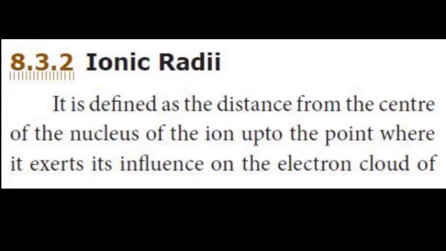In Mendeleev's periodic table, the elements are arranged as per the order of atomic mass. But in Moseley's periodic table, the elements are arranged in the increasing order of their atomic numbers.